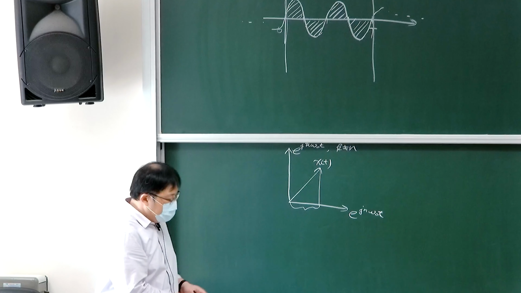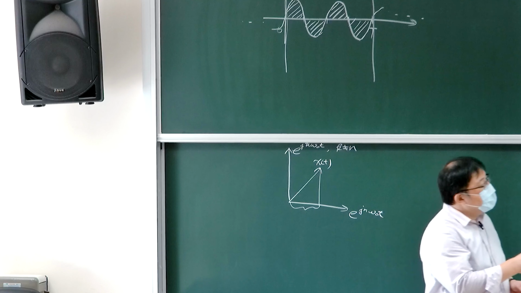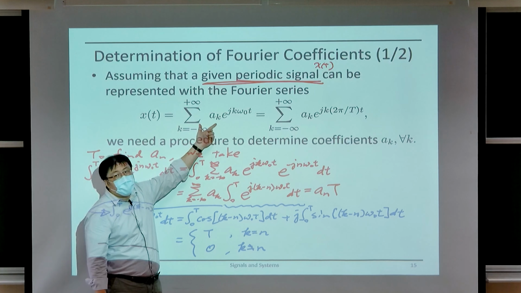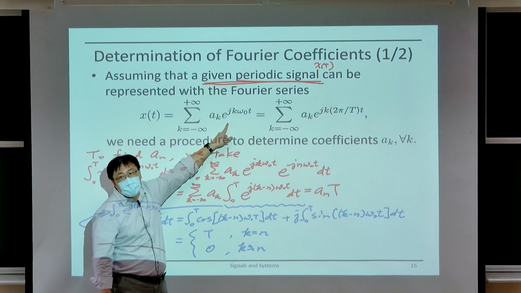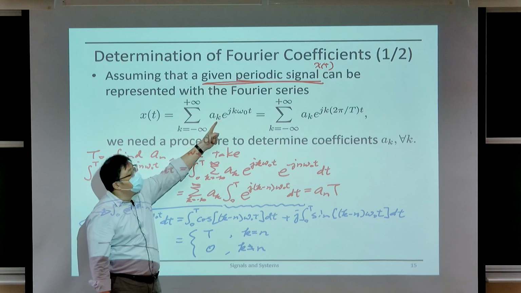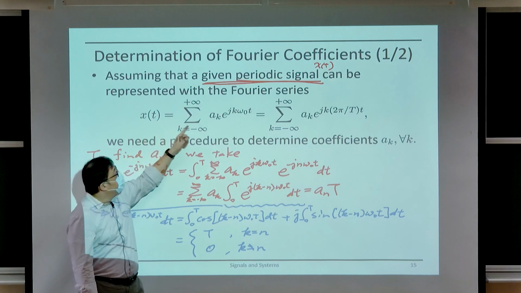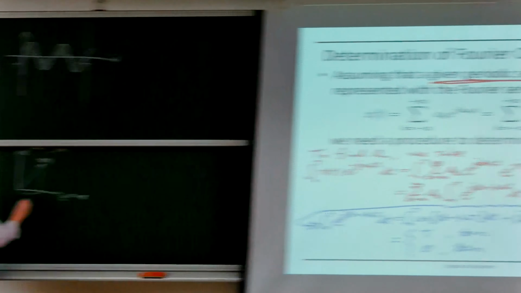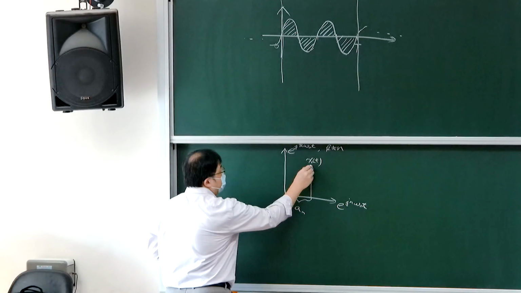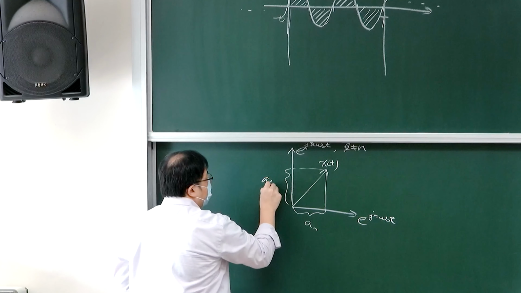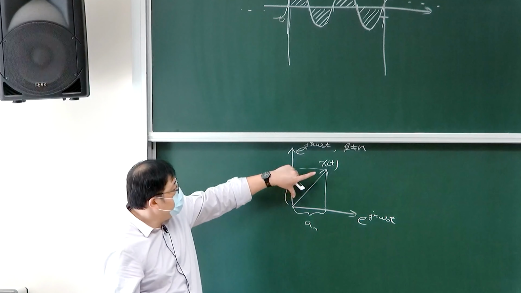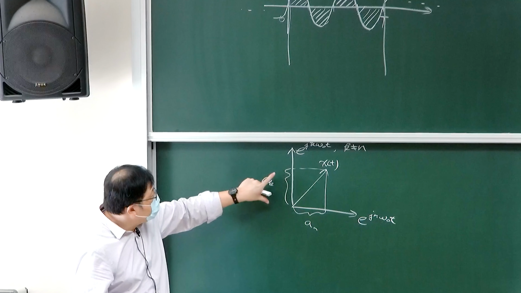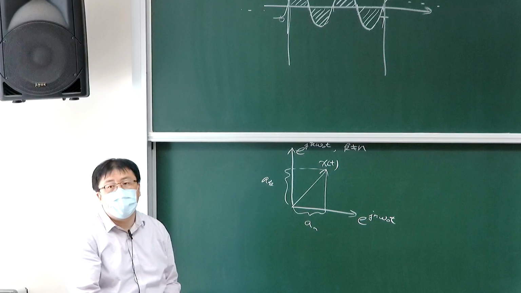So what we're saying here is that we can represent x of t as a linear combination of these complex exponentials. The coefficients should be the projection of x of t onto each one of these directions. So we find here a_n, and then a_k. So x of t would be a_n times e to the j n omega naught t, plus a_k times e to the j k omega naught t.